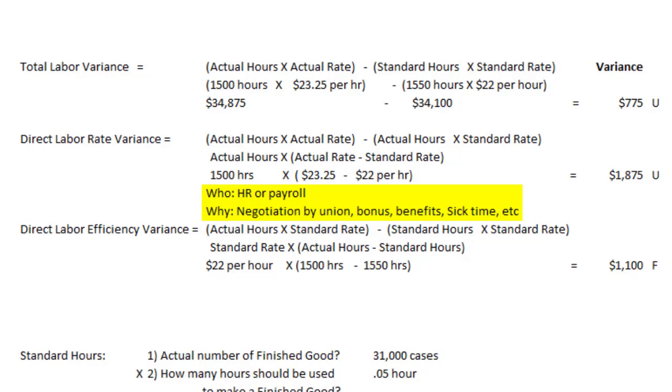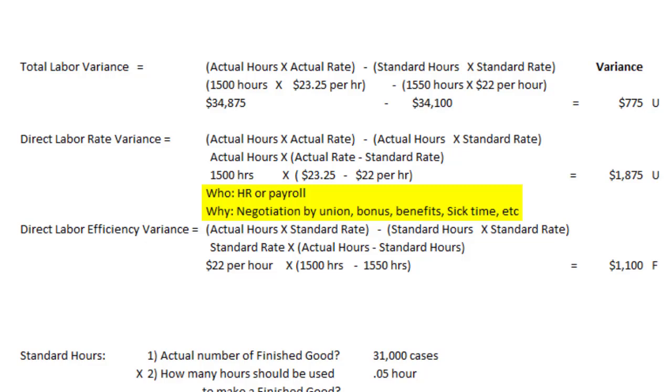And then we would try to figure out what caused this difference between what was actually paid and what was expected. It could have been, for example, negotiations by the union or by the employees to get a pay raise, bonuses that came in different from what was expected, or what if benefits changed, so maybe health insurance changed and they weren't expecting it.